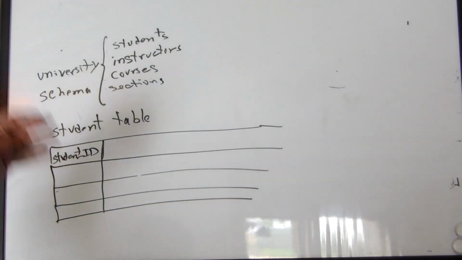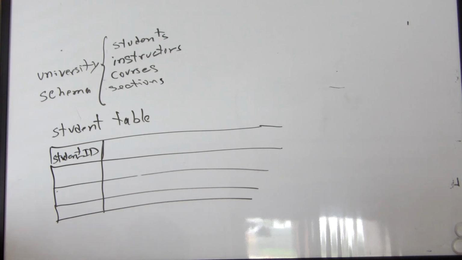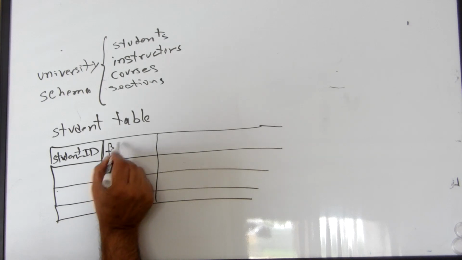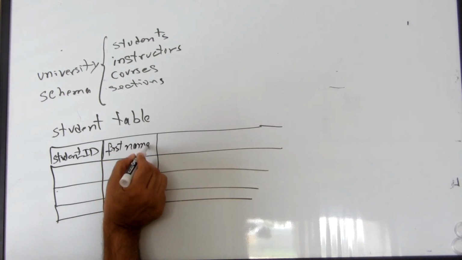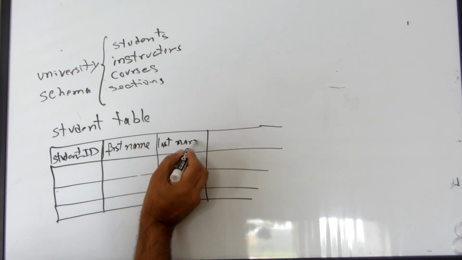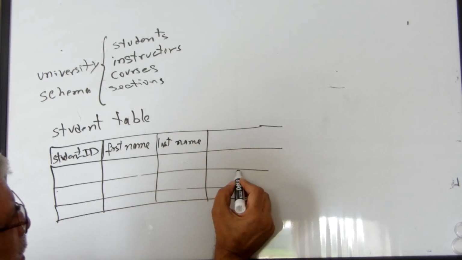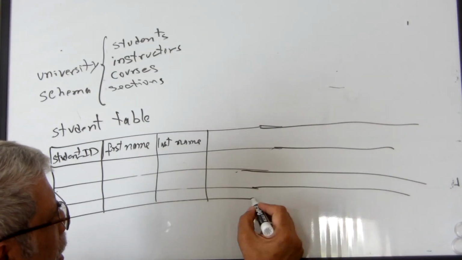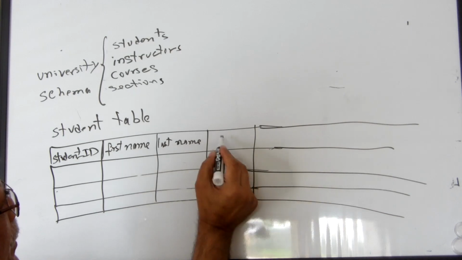It has some characteristics. The student has a name, first name, last name. You might get a lot of information from it. It has a date of birth.